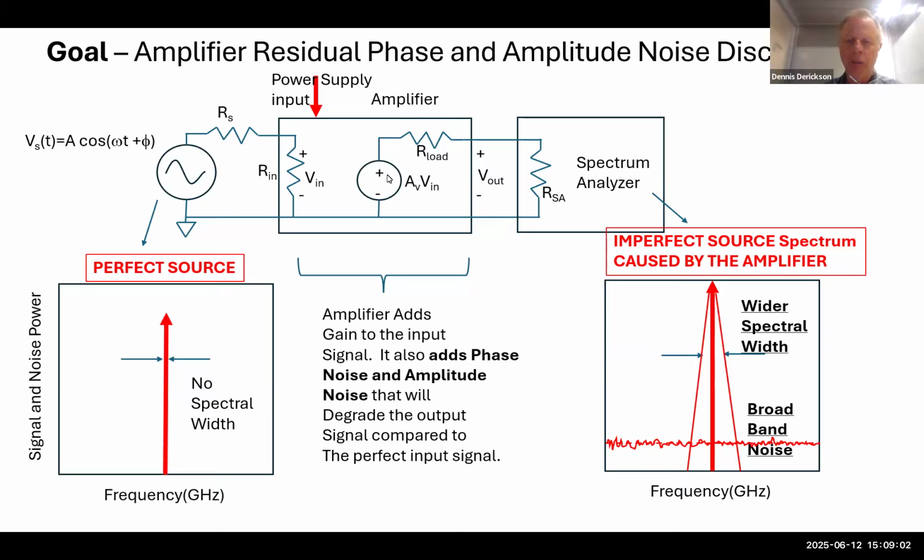We're going to try to do a measurement that defines how much additional width, how much additional baseband rise in the noise floor we'll have when we cascade an amplifier after an oscillator. This will be called residual amplitude and phase noise measurements. But there's a lot of background I have to go through before we can get to that final measurement of amplifiers. And we'll have several examples in this presentation.